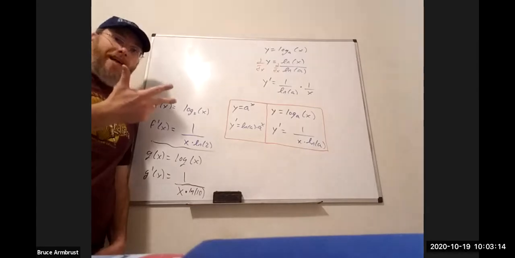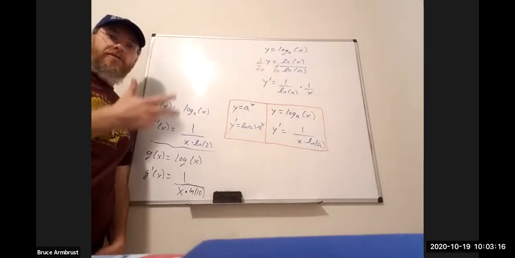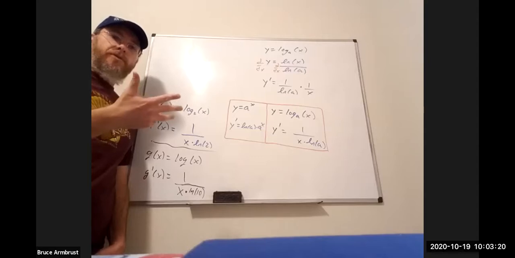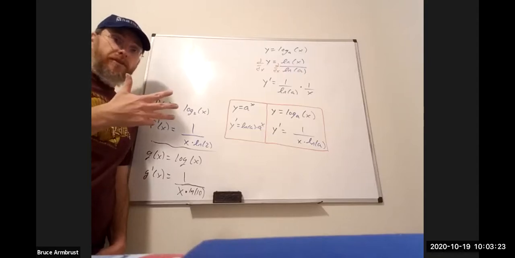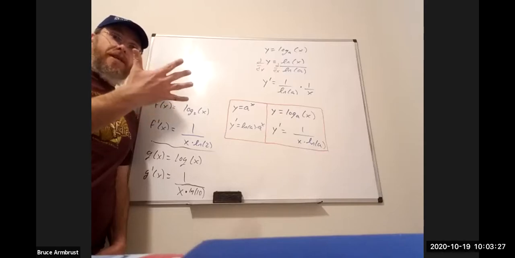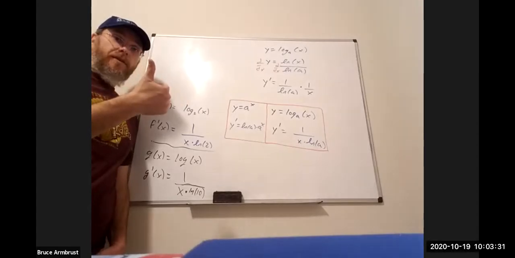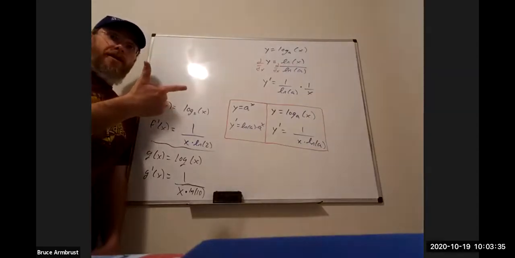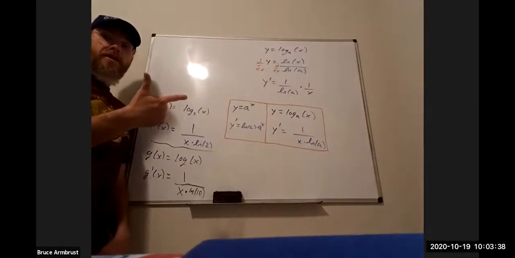You know how to deal with rational functions, fractions. You know how to deal with all of the trig functions. We now know how to deal with exponentials, logarithms, and inverse trig functions. Remember we ran into those, and we can calculate those derivatives.